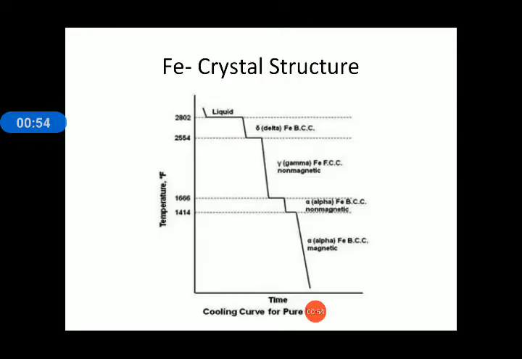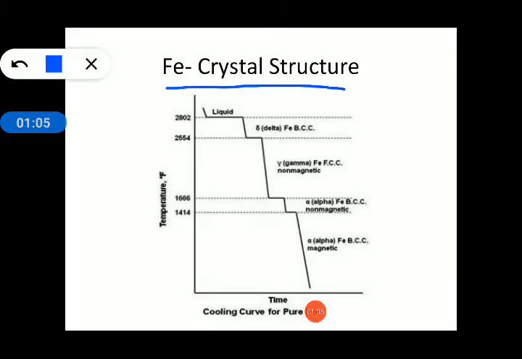Now before starting the iron carbon diagram, we must have certain knowledge about the iron crystal structure. Before that we must know what the melting point of iron is.